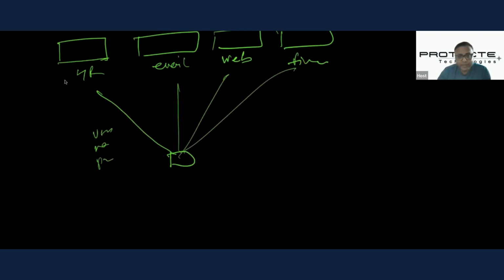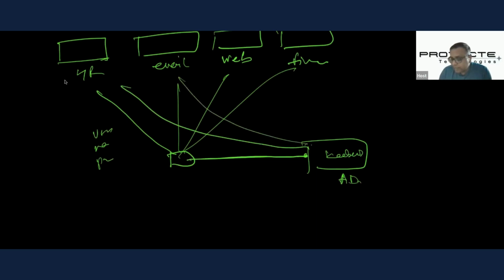Now, 20 years back, 15 years back, this was the case. Today, organizations have implemented something called Kerberos. It's generally part of the AD architecture, that is the Active Directory architecture. You authenticate once to Kerberos, then Kerberos handles your access to multiple applications inside your premises. Kerberos provides you single sign-on inside an enterprise network.